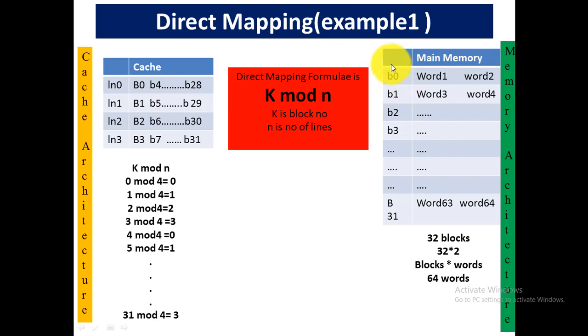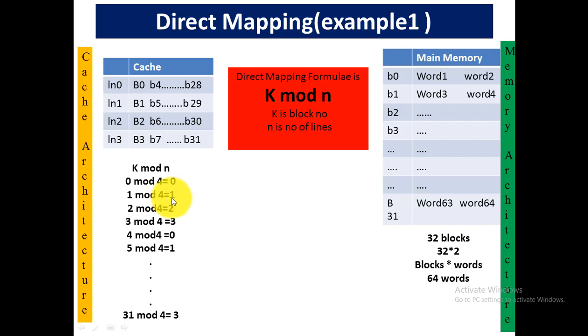For example, if we want to know where block number 0 comes in cache, we put block number 0 in the formula as K mod n: block 0 mod 4. 4 is the total number of cache lines. So 0 mod 4 is equal to 0. It means block number 0 will come at the 0th indexed line of cache. In the same way, if we put block number 1 in the formula, then 1 mod 4 is equal to 1.